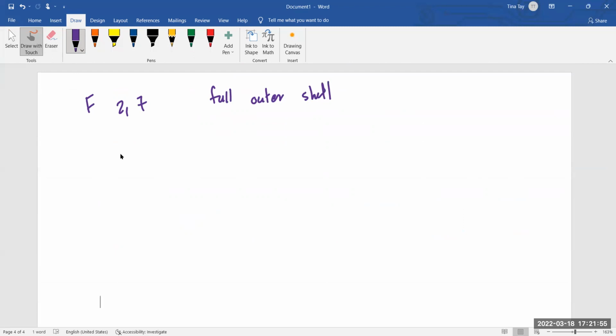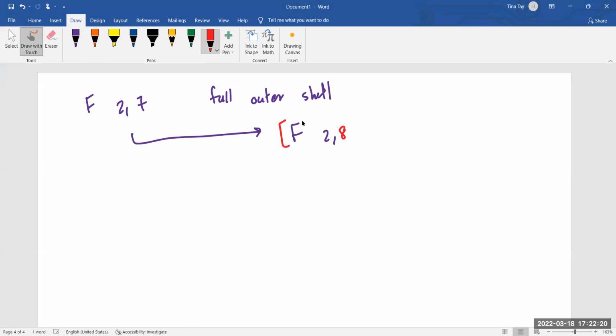Gain electron or lose electron? Gain electron. Proton acceptor is different; proton acceptor is hydrogen ion, that's the acid. This one is gain electron. So it will try and gain 1 electron to form 2,8.